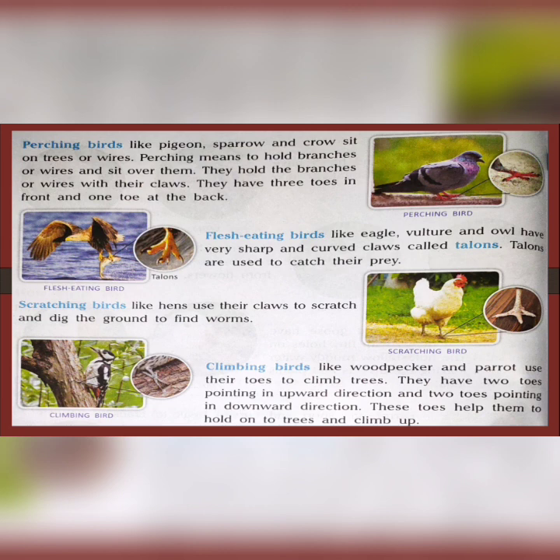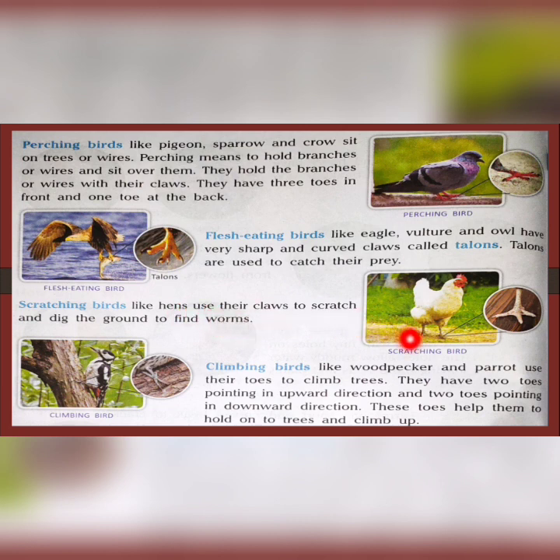That means 4 toes. And flesh-eating birds like eagle, vulture, owl have very sharp and curved claws. Their claws are called what? Talons. And talons are used to catch their prey.